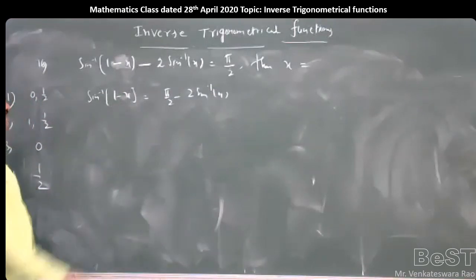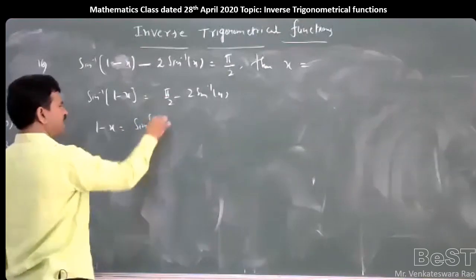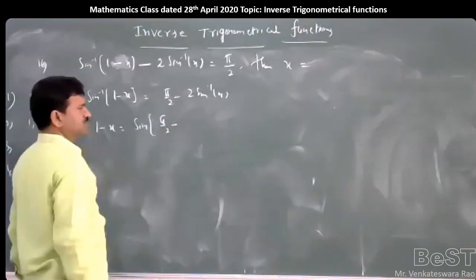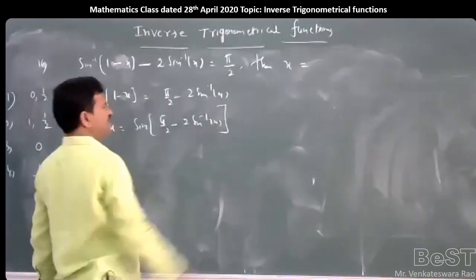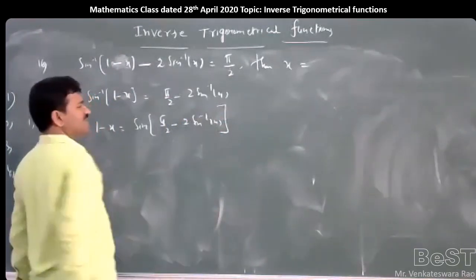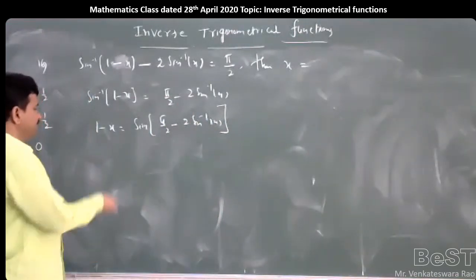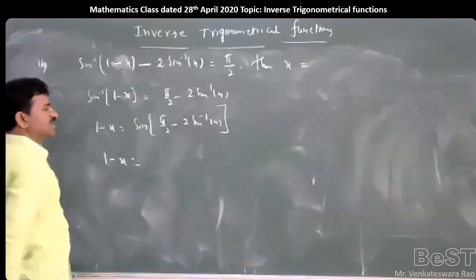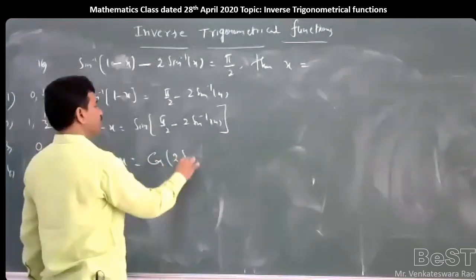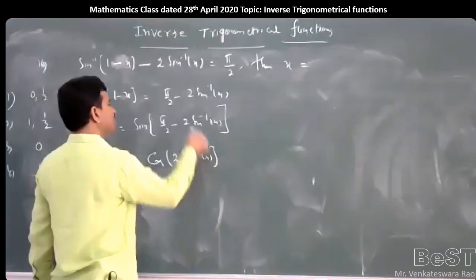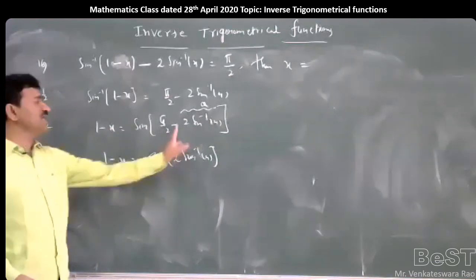Sending the sine inverse to the right side: 1 minus x is equal to sine of (pi by 2 minus 2 sine inverse of x). Sine of 90 minus theta, assuming this total as theta. Sine of 90 minus theta formula.